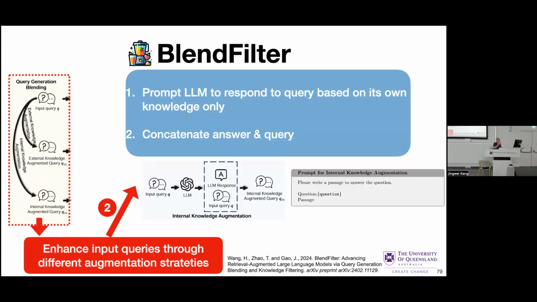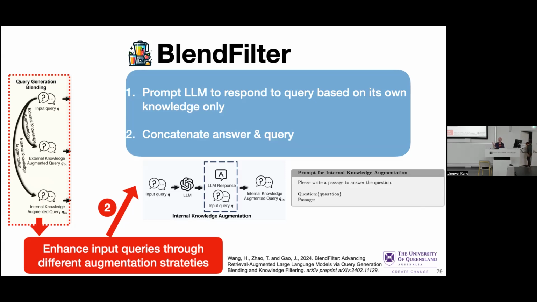And then there is another way to augment your query. Instead of relying on the external corpus, you can rely on the weights of the model, so on the model itself. And so instead of taking the original query, sending it to a retriever and getting data out and generating an answer, you ask the large language model directly to generate an answer.